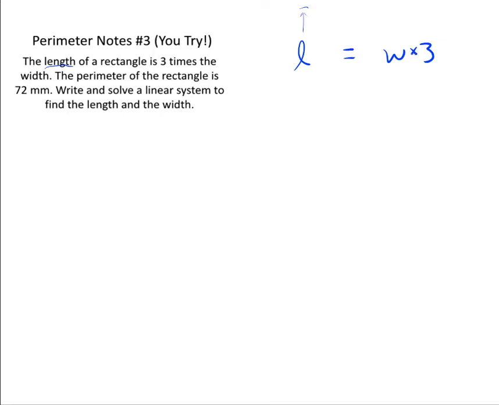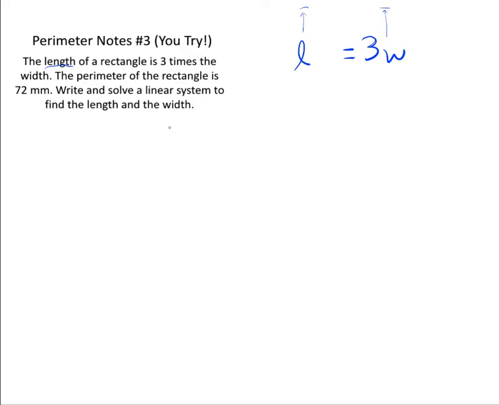So that's why I think about this as putting my space in that front, multiplying it by 3. And remember, we don't have to put a multiply there because it means multiply between the 3 and the w. So by multiplying that side, I've moved my right hand up to that same level as the length side.